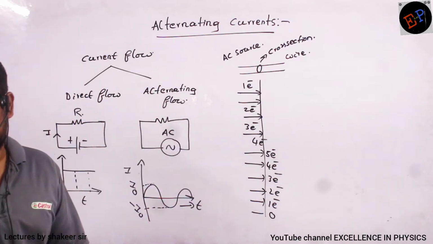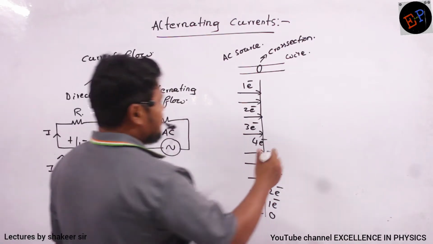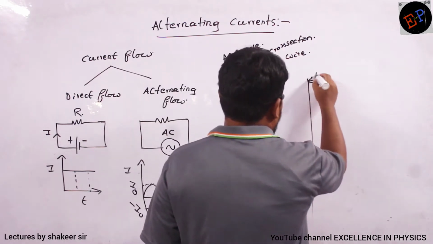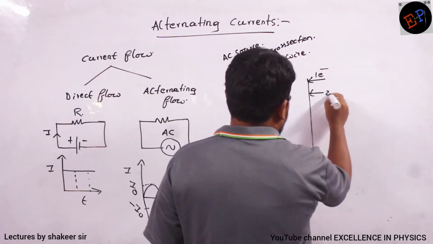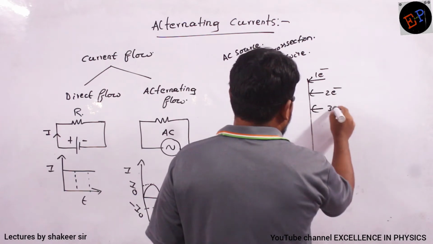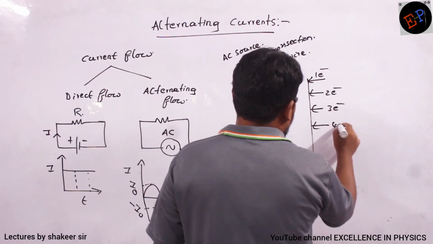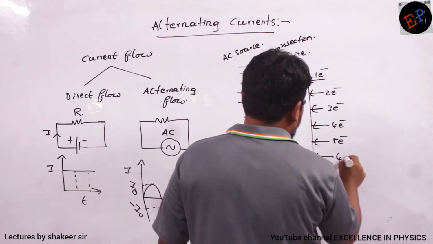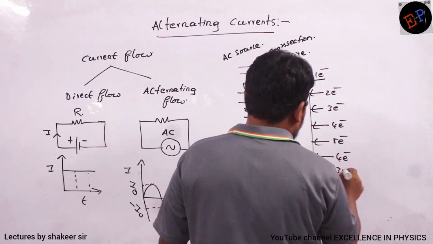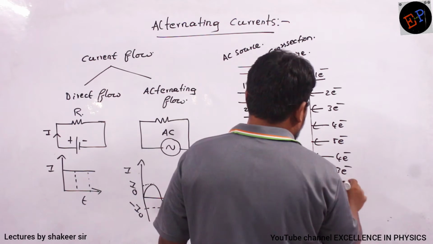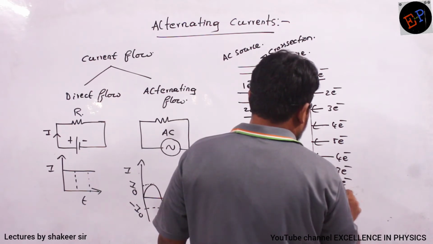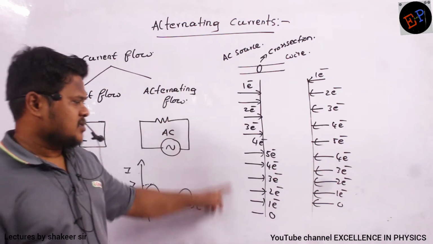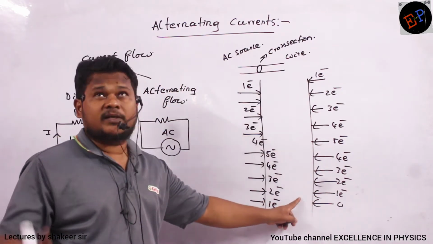Then again I will see that current is flowing in the opposite direction. Now 1 electron will flow in the opposite direction, 2, 3, 4, 5 electrons, then again 4, 3, 2, 1, finally 0. This is how the passage of electrons will be in our wires.